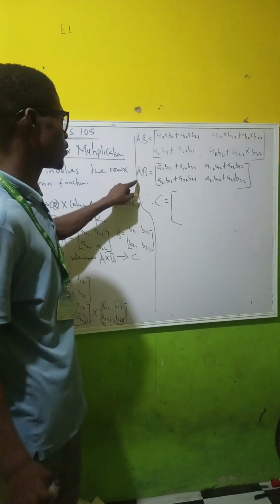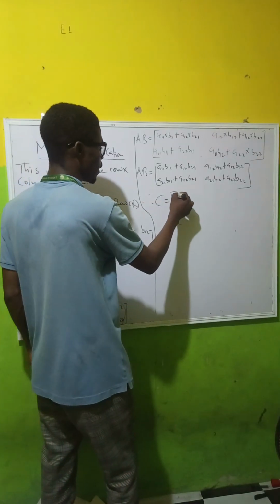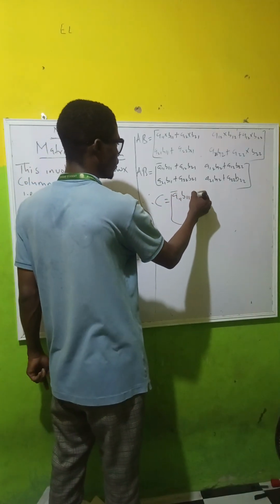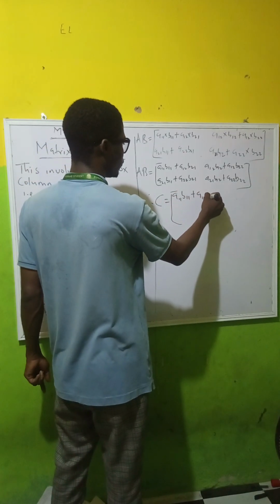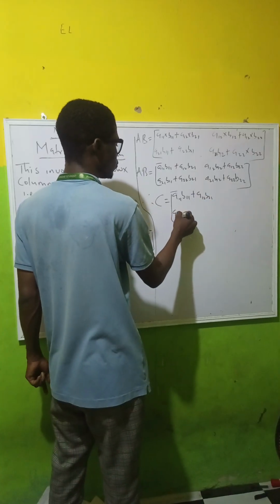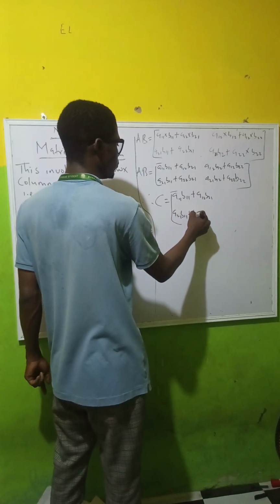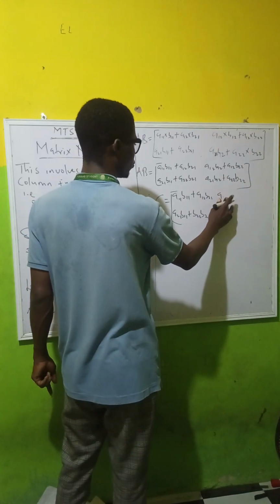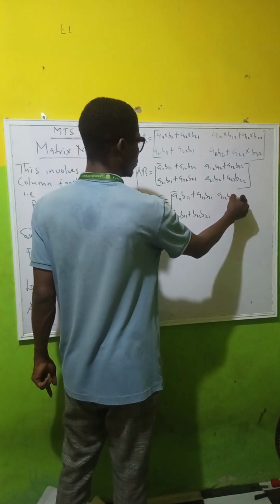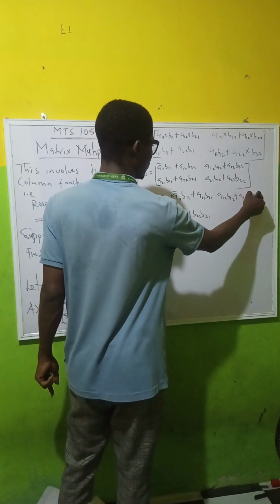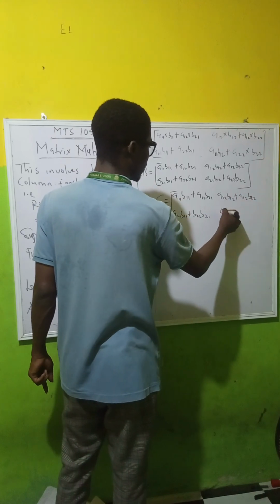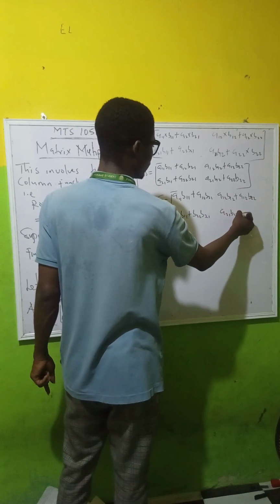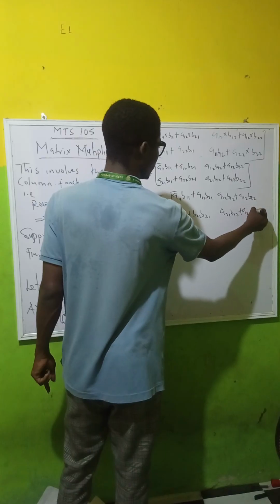So our C now is the result of A times B. So that's A11 B11 plus A12 B21, A21 B11 plus A22 B21, A11 B12 plus A12 B22, and A21 B12 plus A22 B22.